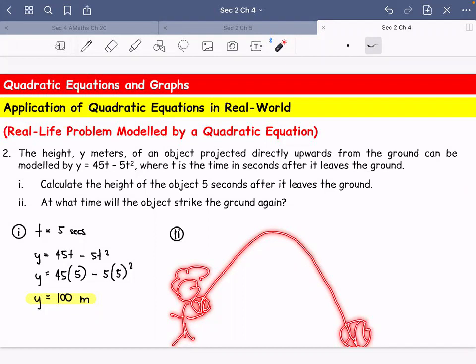Is it a yes or a no? If the ball is already on the ground, do you have a height from the ground? It's touching the ground already. So what's the height here if it's touching the ground? What do you think is the height? Does it have a height if it's on the ground?